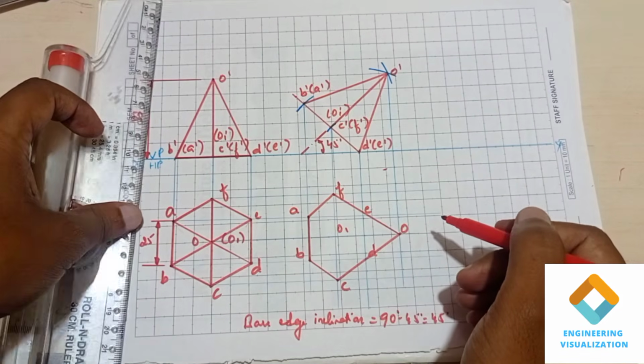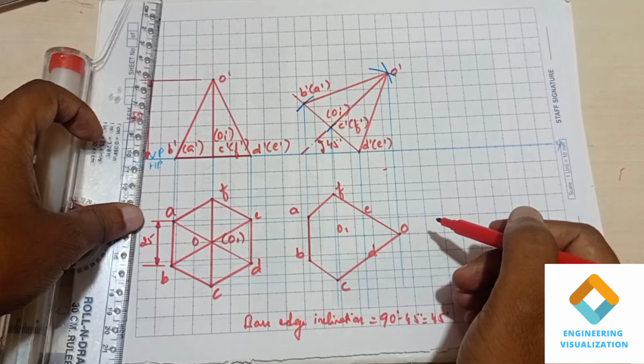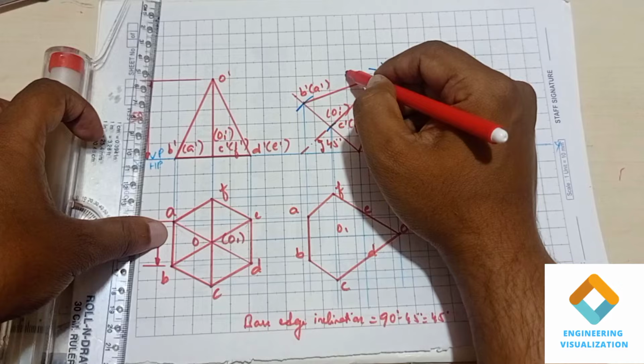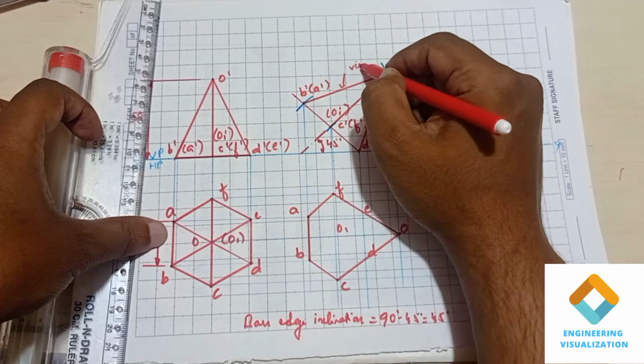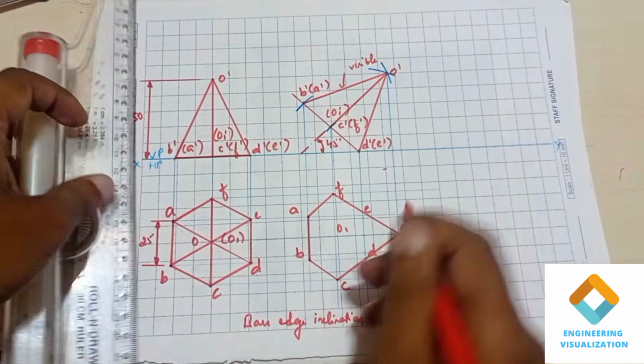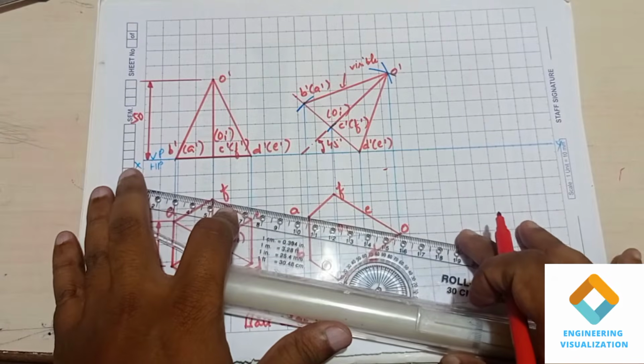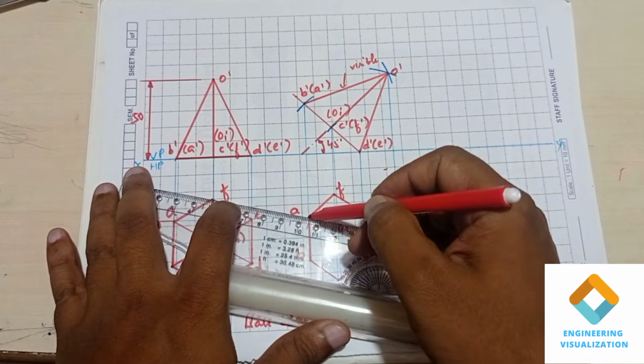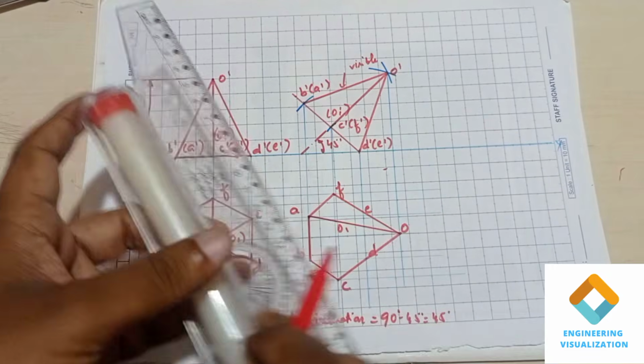Okay. Now the second step is writing the visible faces. Okay. So this top face will be visible from the top view. This triangular face is visible, so we will be joining AO and BO, that is continuous line ABO.